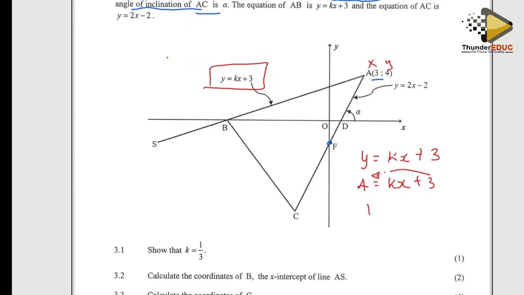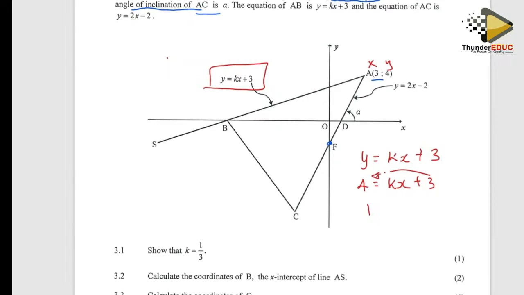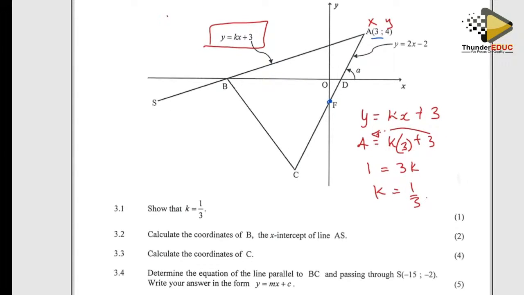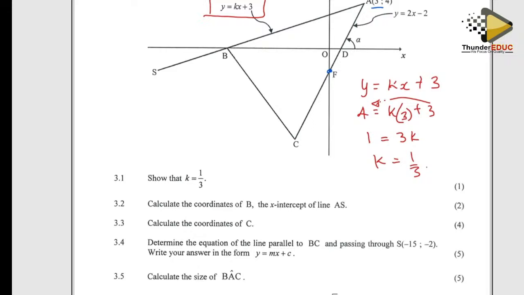I'll be left with a 1. Why didn't I substitute for x? I'm being corrupt now, okay? So we say this was a 3. So 1 is equal to 3K, then divide both sides by 3. So K becomes 1/3.